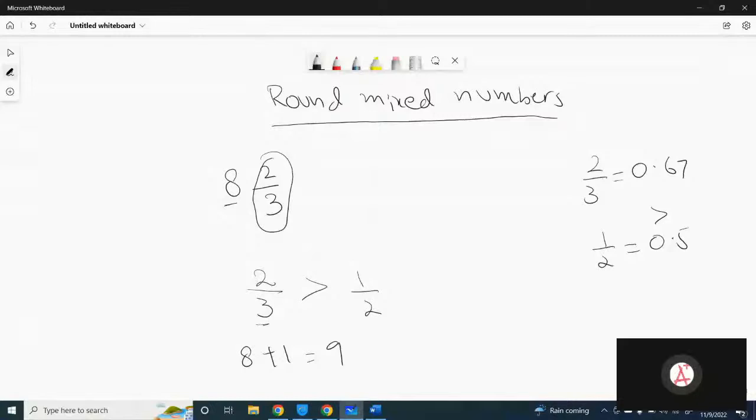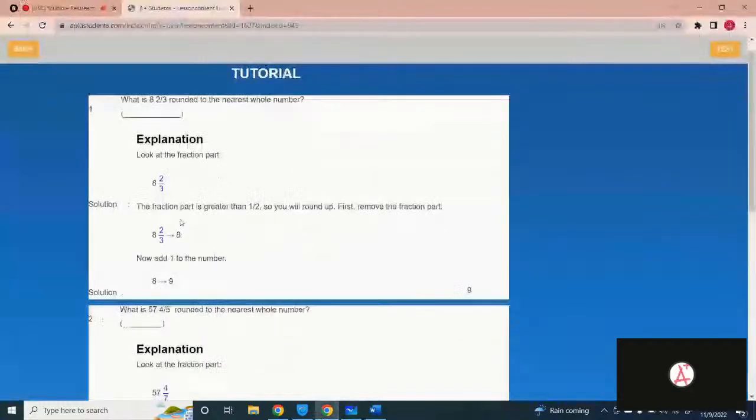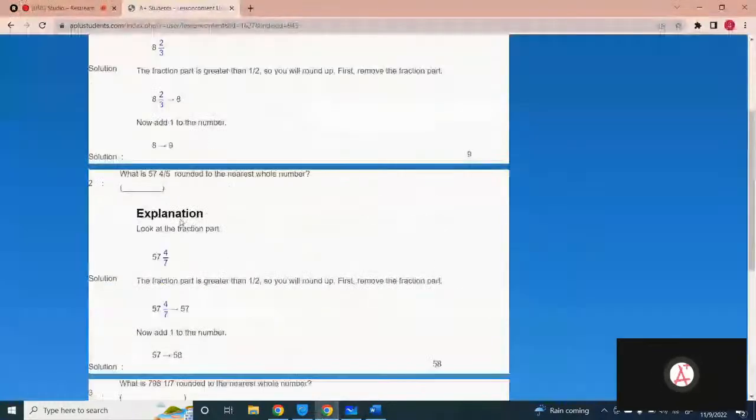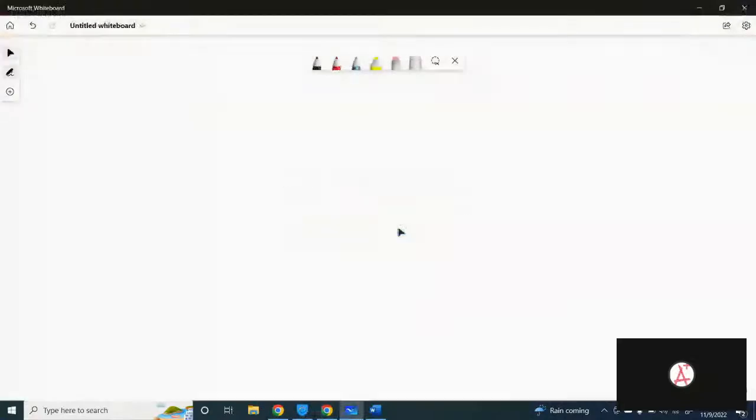Okay, the next example is: What is 57 whole 4 over 5 rounded off to the nearest whole number? Now you have to compare 4 over 5 to 1 over 2. Got it?